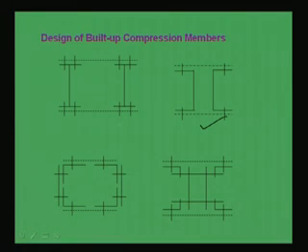In continuation with the last lecture, we have seen that this type of members can be made with the use of individual members to form a built up section, and the major objective of choosing the built up section is that the radius of gyration in both the directions perpendicular to each other should be more or less equal.